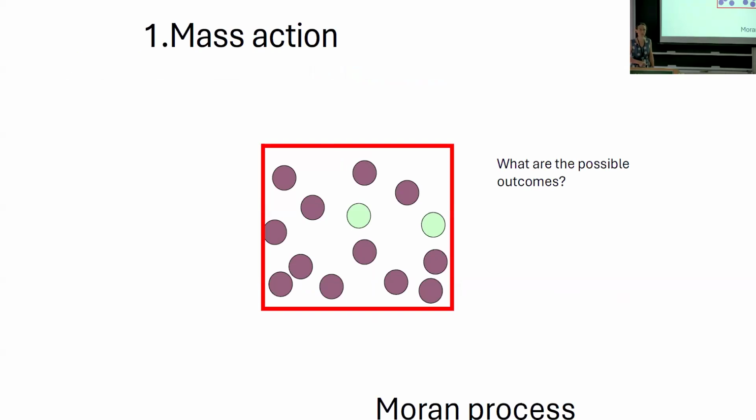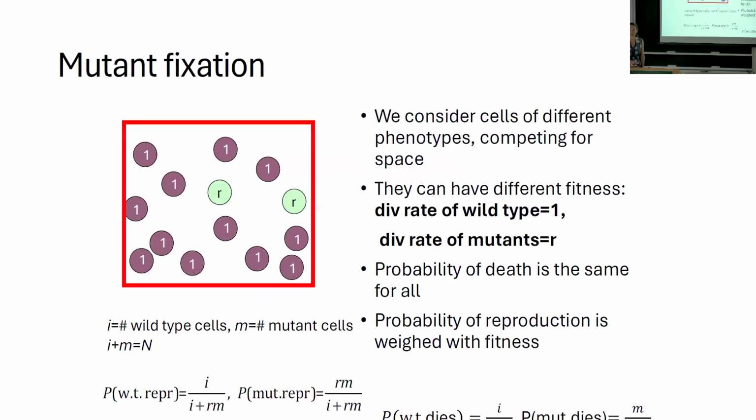So what are the possible outcomes of this process if I have two types of cells? Either the green mutants die out or they take over. In this process, we can calculate the probability of both of these outcomes. It's a very standard problem in probability.